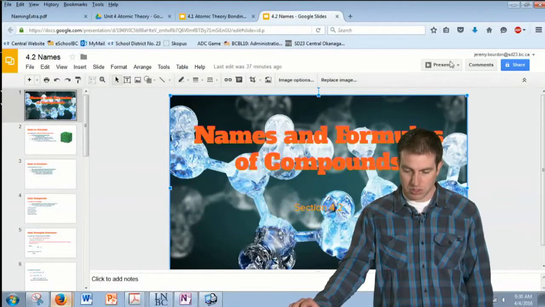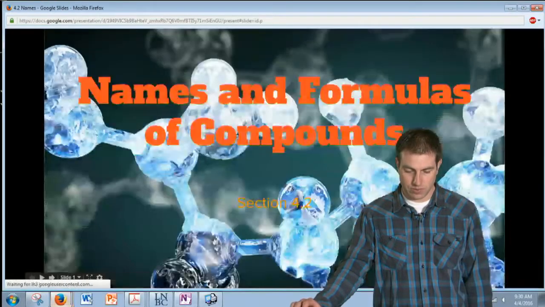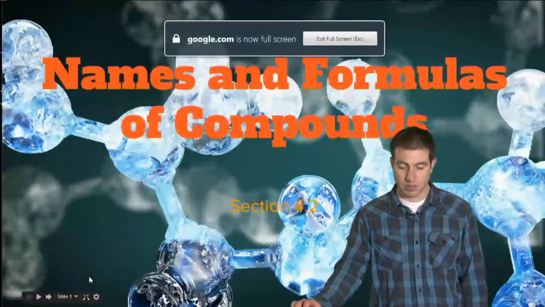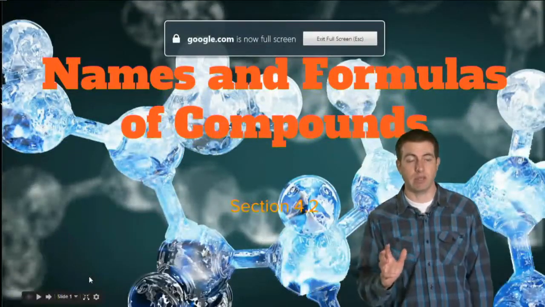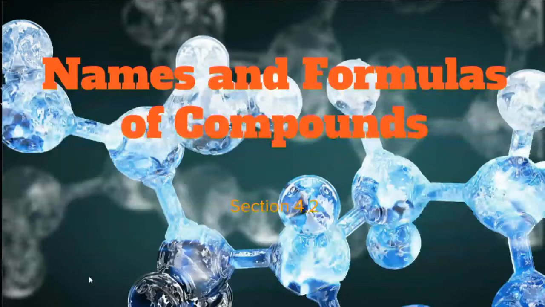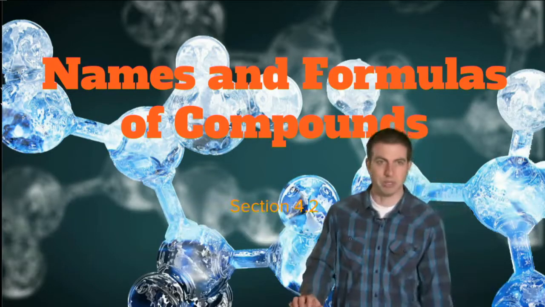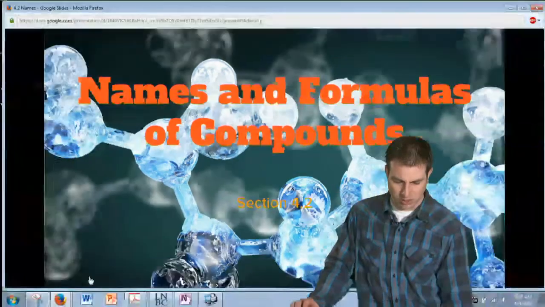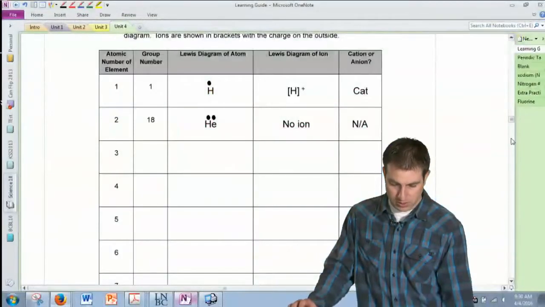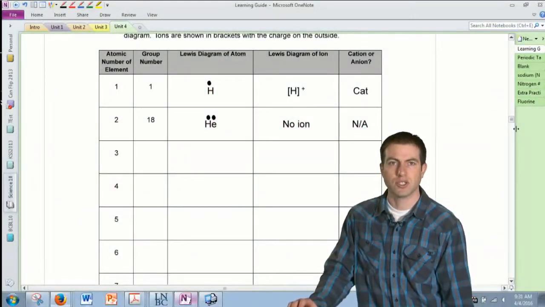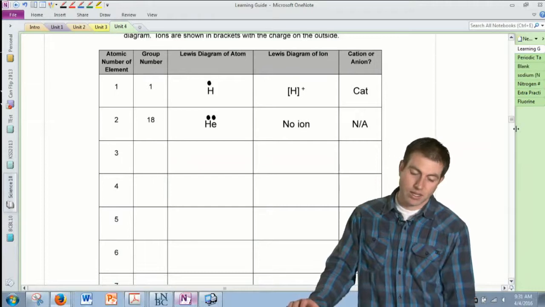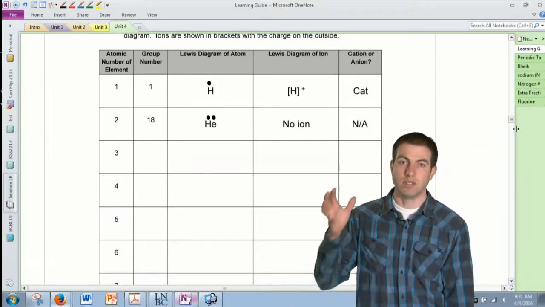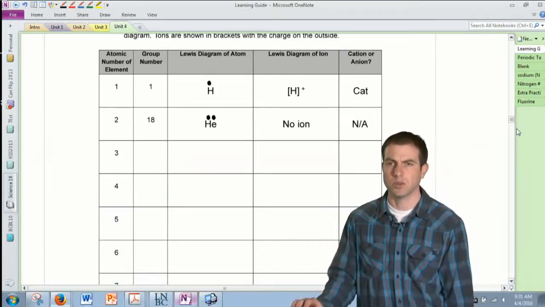Now, I'm going to apologize in advance that aside from the first slide here, names and formulas of compounds, the material in this section isn't presented in a very visually appealing way. I didn't put in many pictures, and there's not a lot of pictures to include, unfortunately. It's just kind of like getting back to math, where you just have some rules and you have to practice those rules.